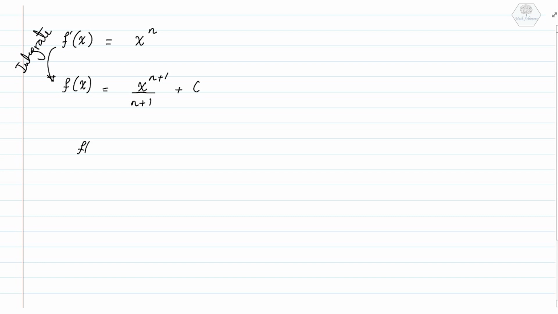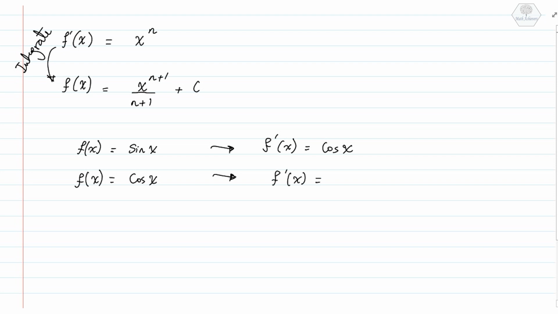Let's say I'm having f of x equal to sine of x. So f prime of x is equal to cosine of x, as we discussed before. If f of x is equal to cosine x, then f prime of x is equal to minus sine of x.